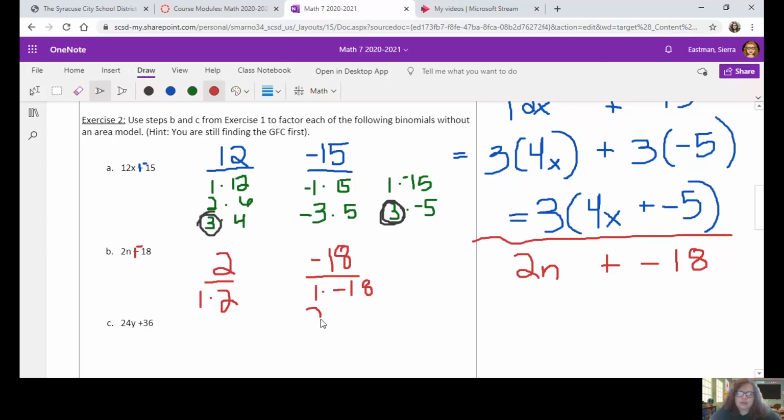Or we can test out if 2 works, and it does with a negative 9. As soon as we know that that 2 works, we can say that's our GCF because it is the only other factor other than 1. And when I start creating that new expression, that's where my GCF goes twice.